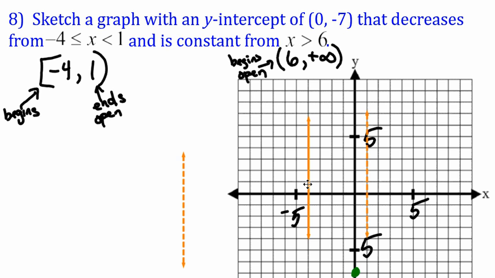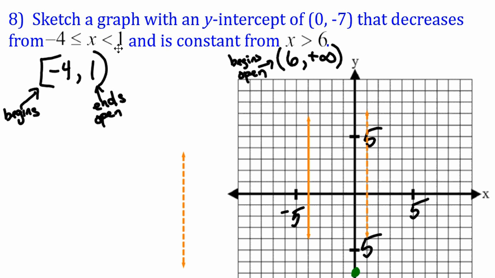And at 1, it's going to have to be open. Okay, so I have my dashed line. And something in this section's got to decrease. So I need something that's starting up higher and going lower. And don't forget, we have that (0, -7) y-intercept. So it's got to go through this point here. So high, somehow decreasing down through this part, open circle, because it's not included, right?